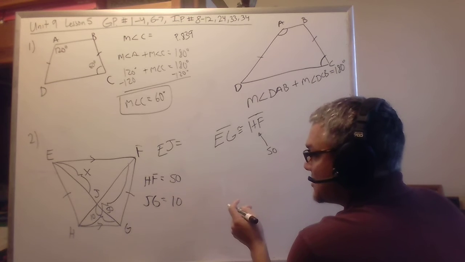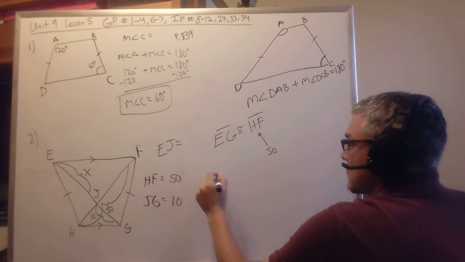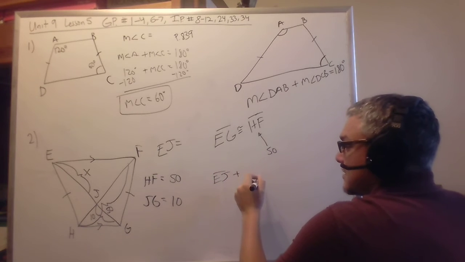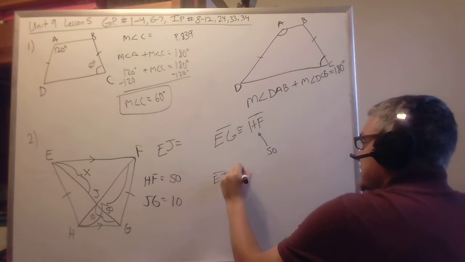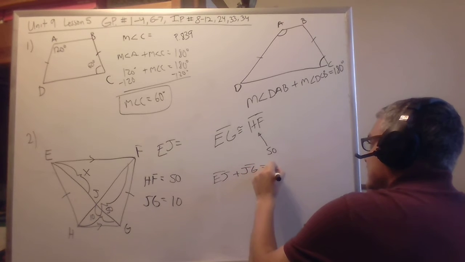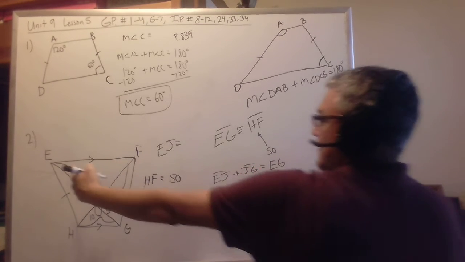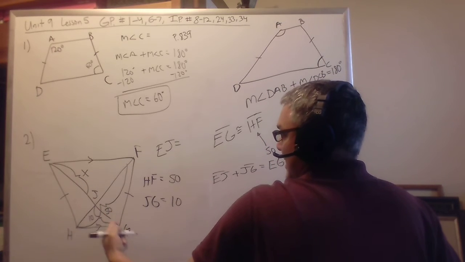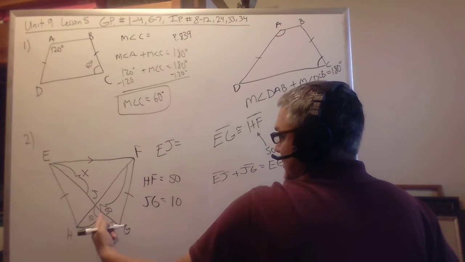Okay, and EG is equal to EJ plus JG. That's EG, because we have this portion EJ that we're trying to find that we labeled as X, and then we have JG, which is 10.